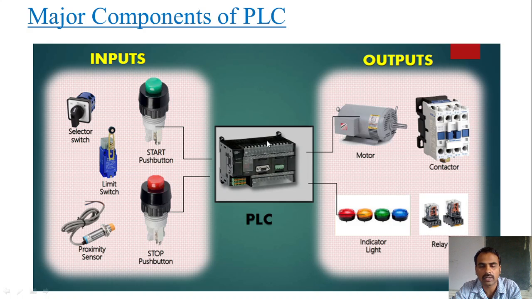The PLC will send a signal to these output devices, which function according to the signal sent by the PLC. You can see a motor and an indicator light; these are the output devices or output elements.